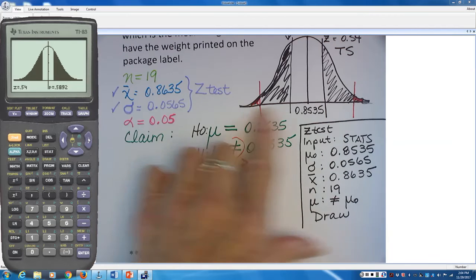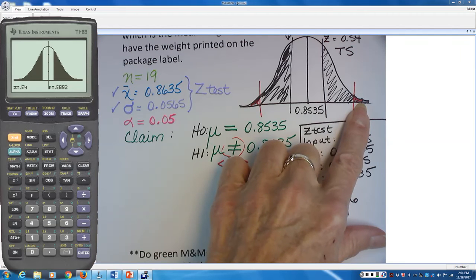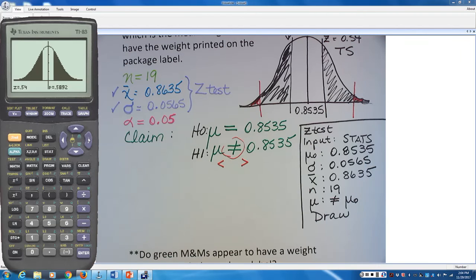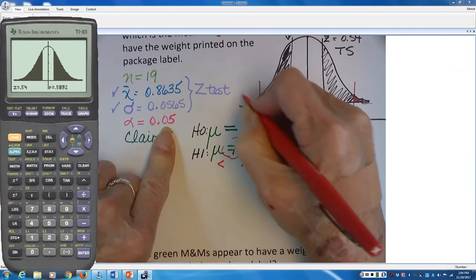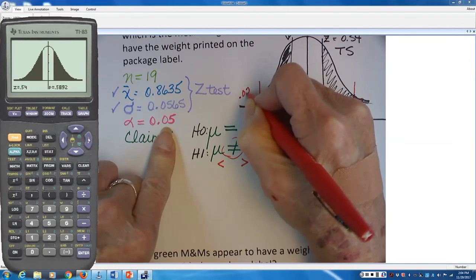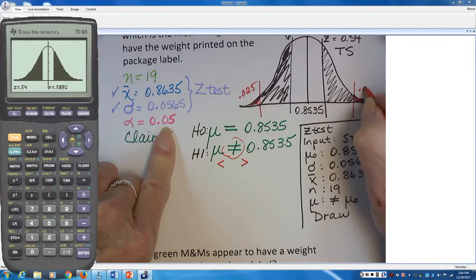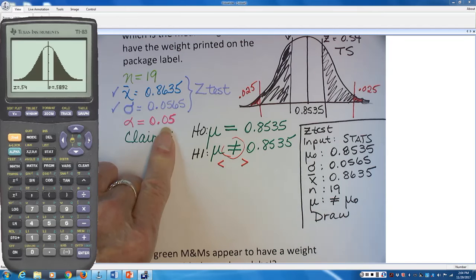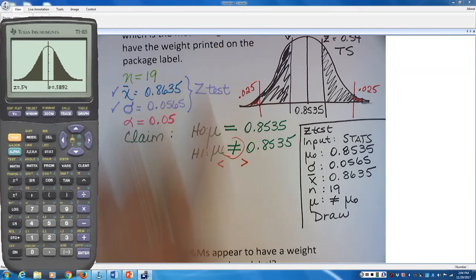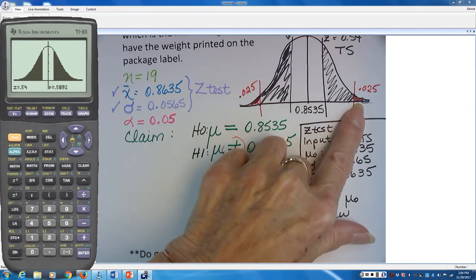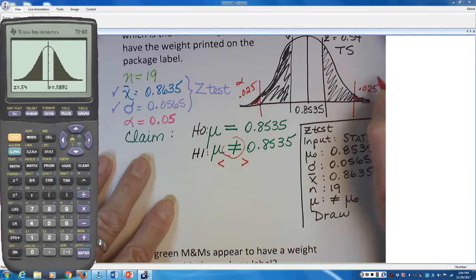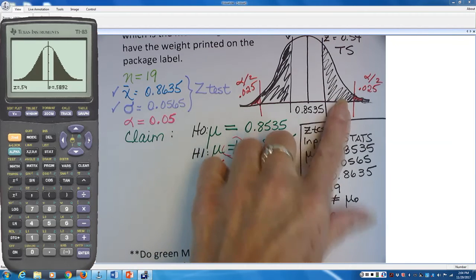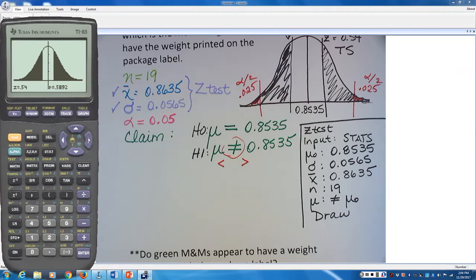Remember, I told you this is where alpha lives anyway. P-value comes up when the calculator shows you something. So actually, your value of alpha was 0.025 in each side. And obviously, this black area is way bigger than alpha. If you put alpha on that side and alpha on that side together, you still can't even come up to the area that's just on one side, much less two.